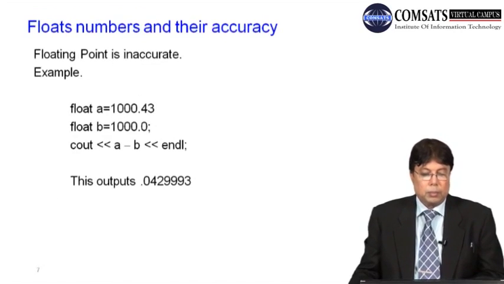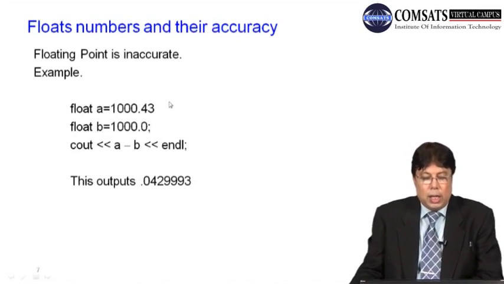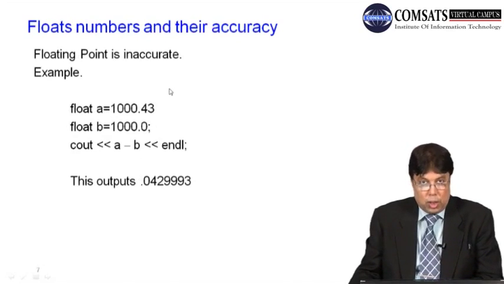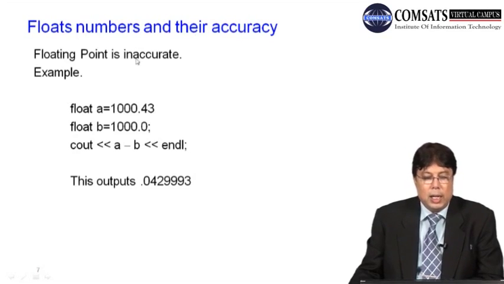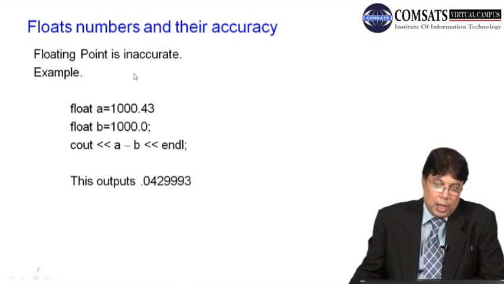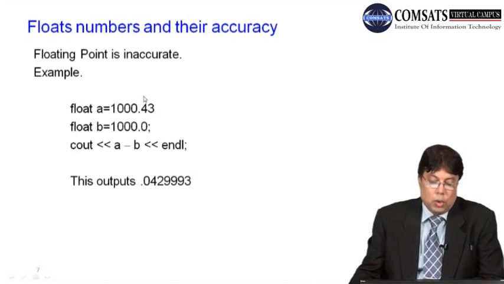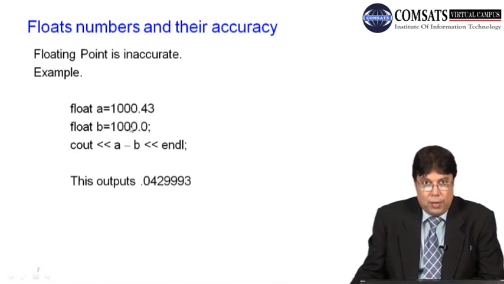Okay, and one thing that you should understand is that floating numbers are slightly inaccurate due to their internal storage. With their internal storage, you cannot have a very precise number unless you are using a double. Then you have to be very careful.